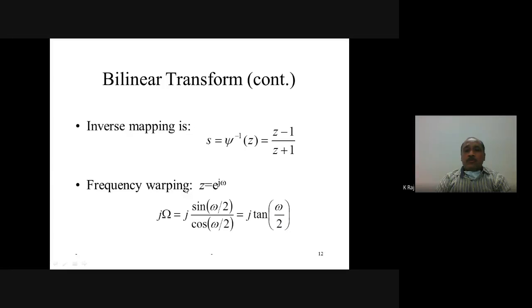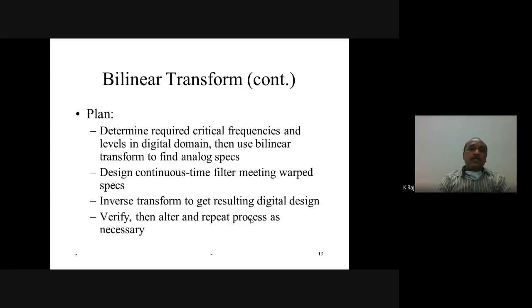Now for frequency warping, here Z is e to the power minus j omega, where capital omega is the analog frequency and small omega is the digital frequency. There is a relation, j sin(omega/2) divided by cos(omega/2), and hence we can say it is j tan(omega/2). That is a non-linear relation between the analog frequency and the digital frequency.